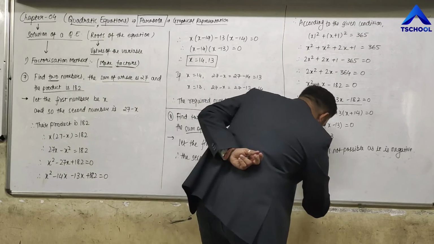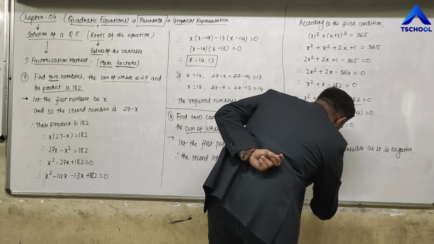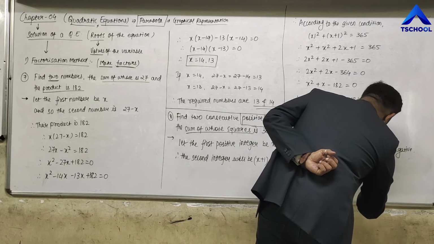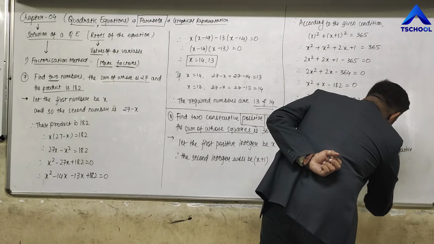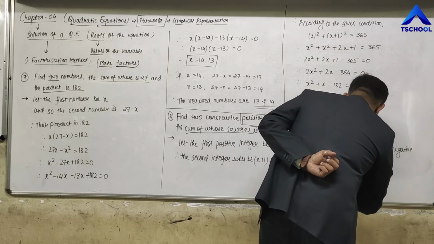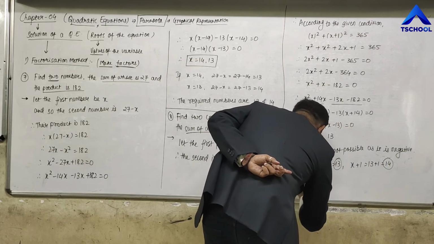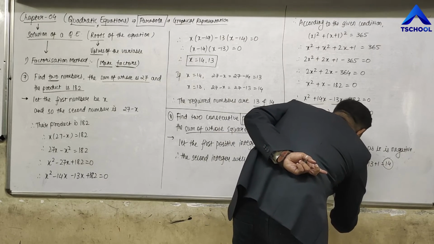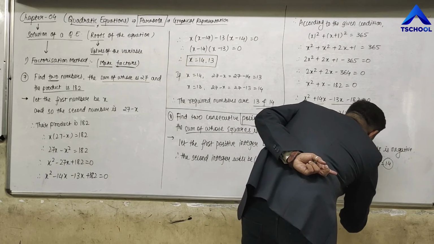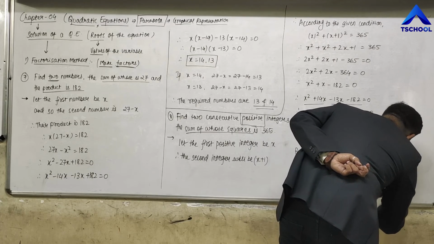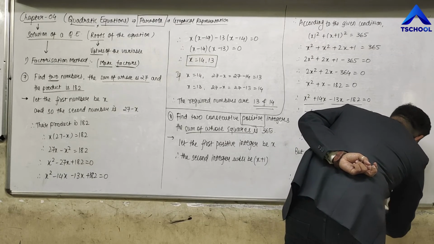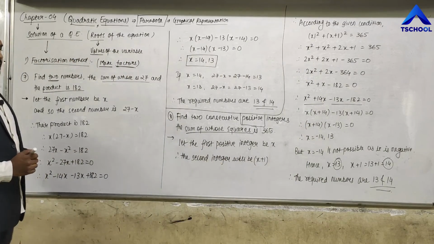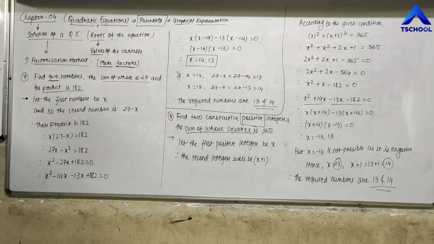So x equals to 13, and x plus 1, that is 13 plus 1, that is 14. Therefore the required numbers are 13 and 14. Is it clear, friends? So the required numbers are 13 and 14.